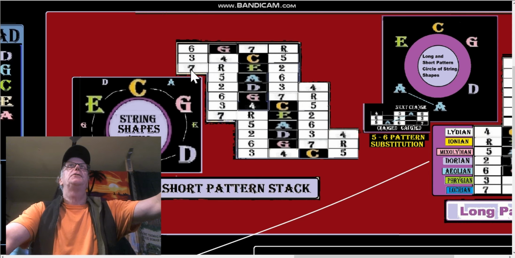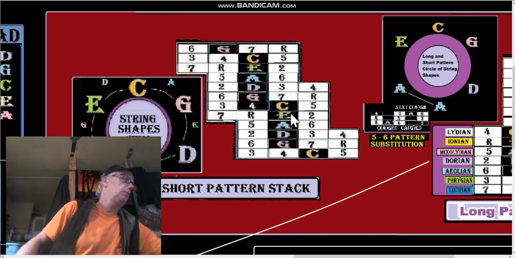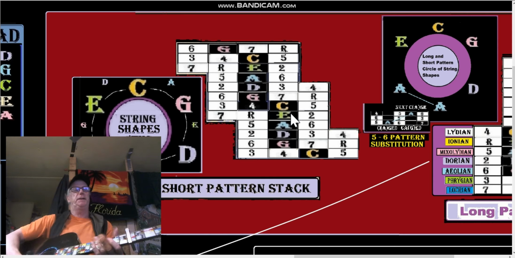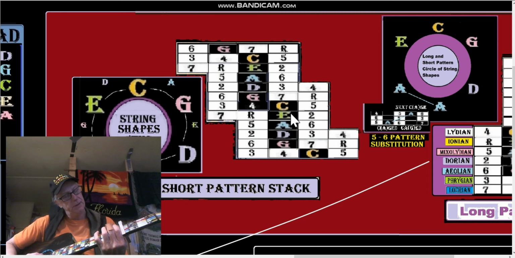So we can play the key of F with the short patterns, but we can't play the E.